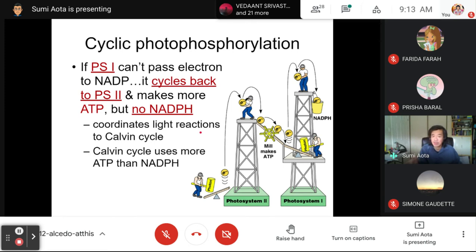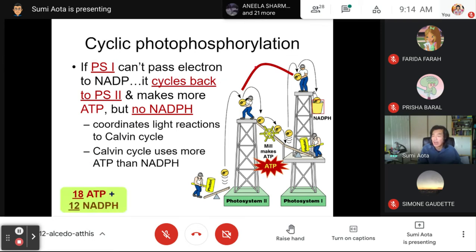Okay, it turns out the Calvin cycle uses more ATP to make glucose than NADPH. The ratio is actually, you need 18 ATP to make a glucose, but you only need 12 NADPH. So you're going to run out of ATP first because you need more of them.